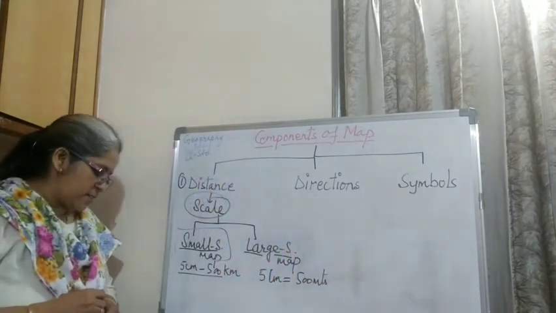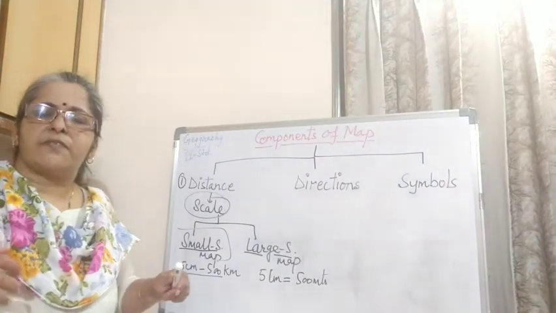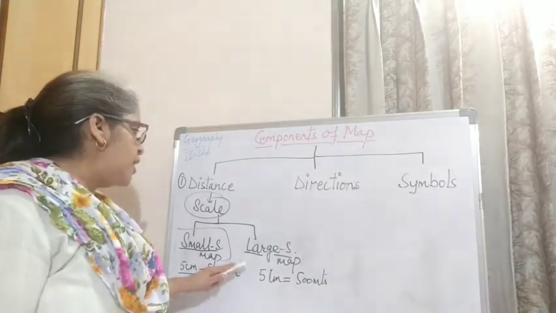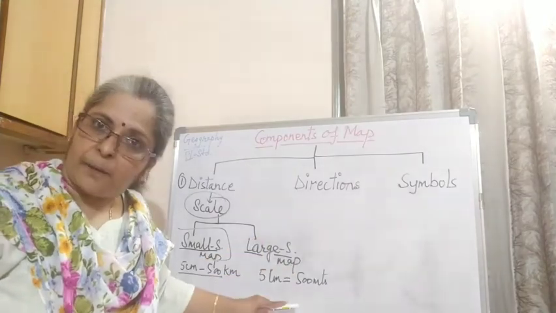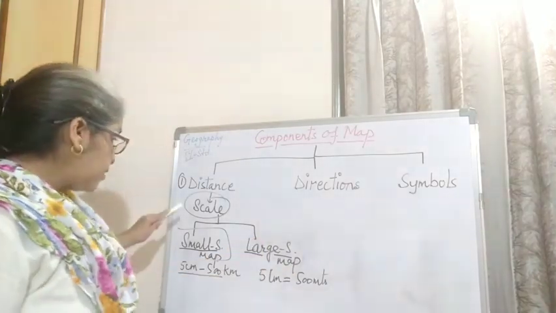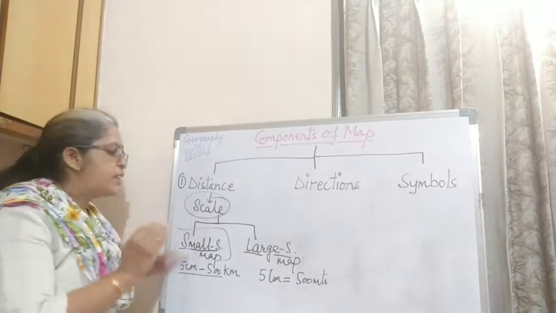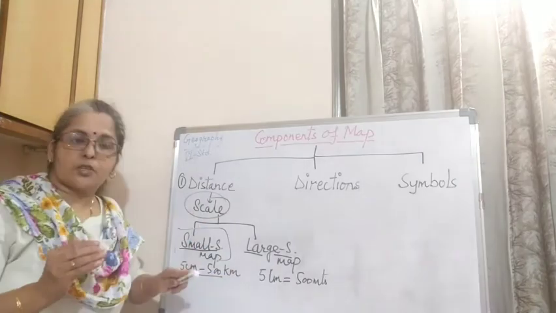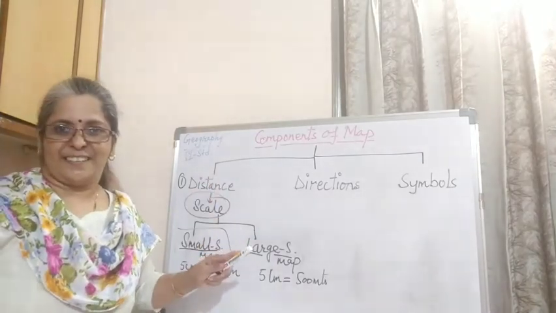For villages, towns and cities, when we study a city map or a village map or a town map, we use a large scale map because we want to study in detail. Here the large area is shown on a small scale with less details, and this is opposite on the large scale, where we show a small area on a large scale with more details.